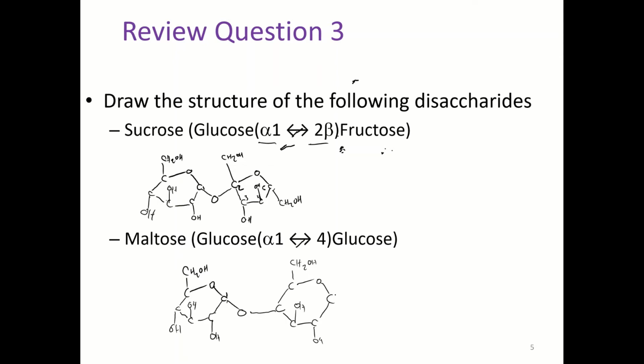Now at carbon 1 in the second glucose molecule here, this is a reducing sugar. So this ring can open up and you can have either the OH group above or below the plane of the ring. It can be in the alpha or the beta anomer here.